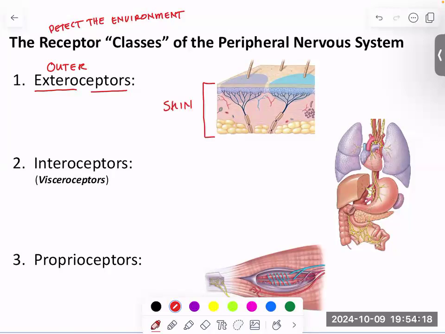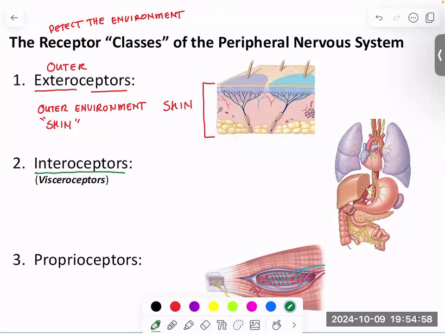These allow you to detect the outer environment, so what's happening outside your skin when you touch stuff, but also what is happening to the skin itself. Is someone stretching your skin? If they stretch it too much, it's going to hurt. They're detecting what's happening at the skin level. Exteroceptors.